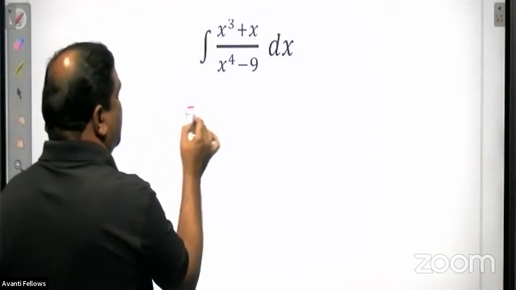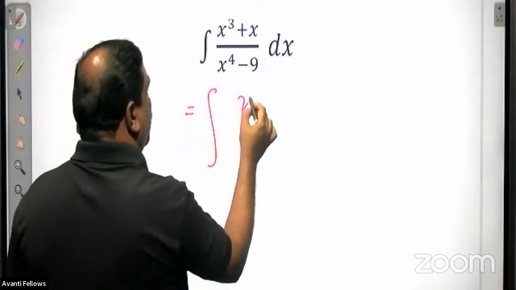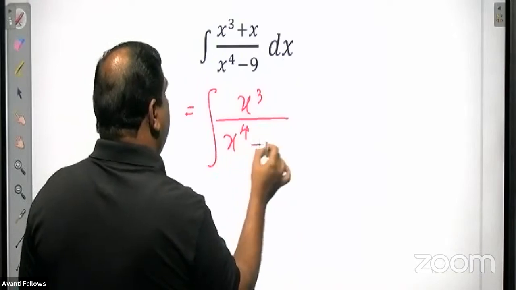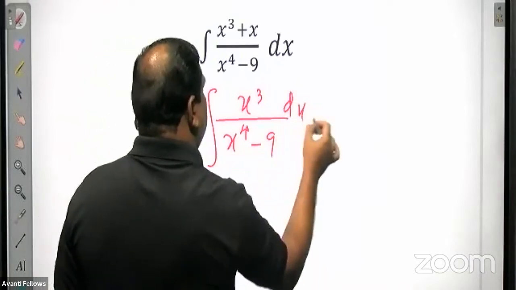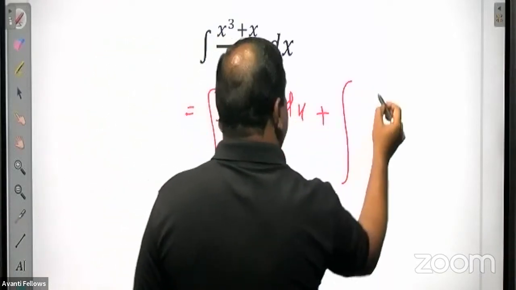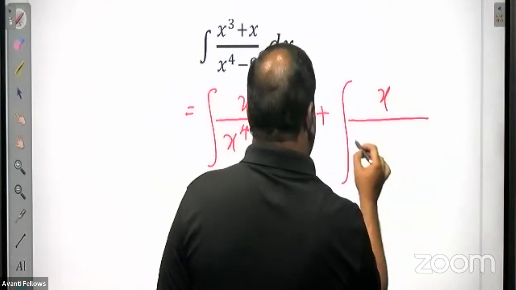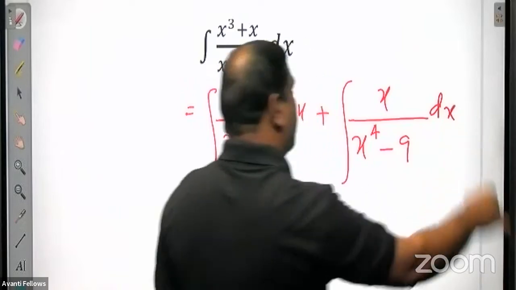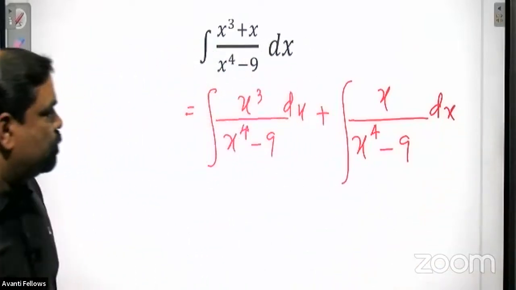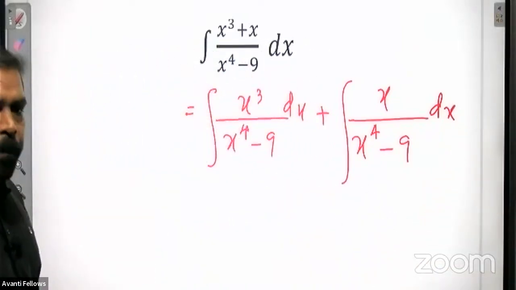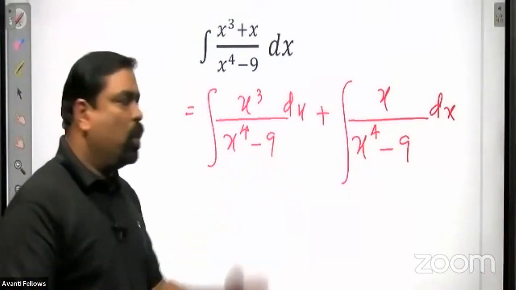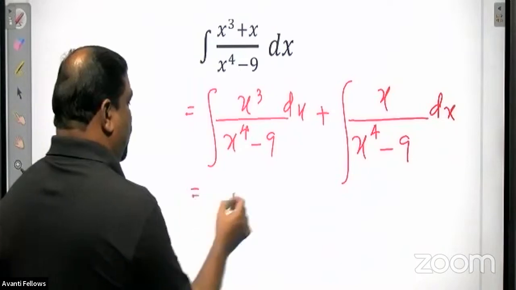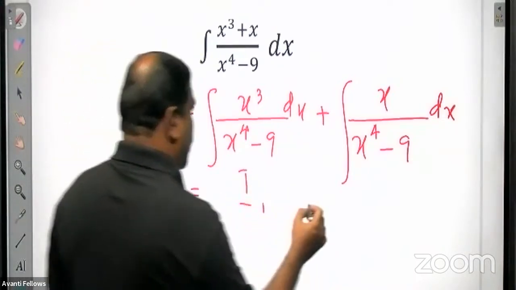So you have to split this as two integrals: x cubed by x raised to 4 minus 9 dx plus the second part, x divided by x raised to 4 minus 9 dx. Split as two integrals, then we will evaluate them separately.